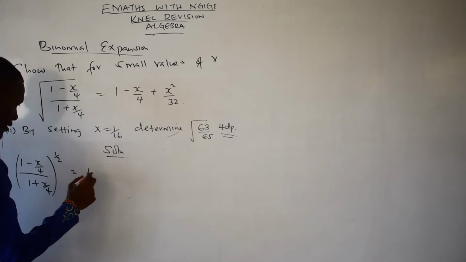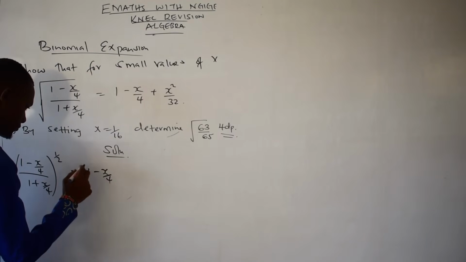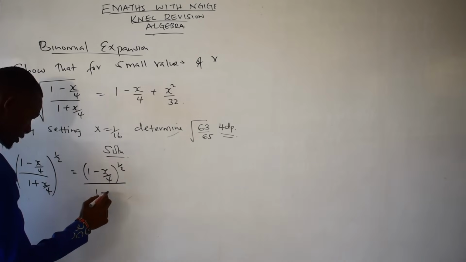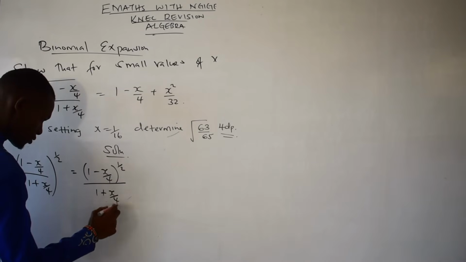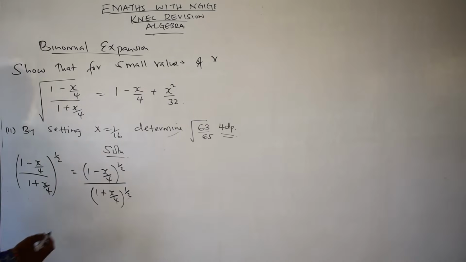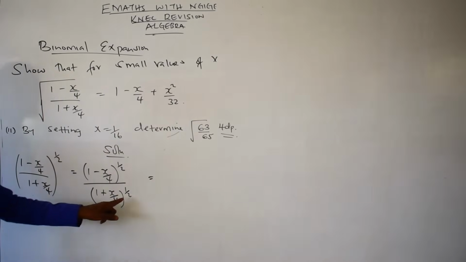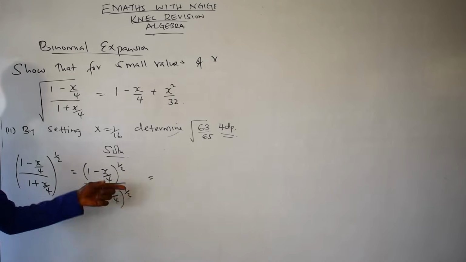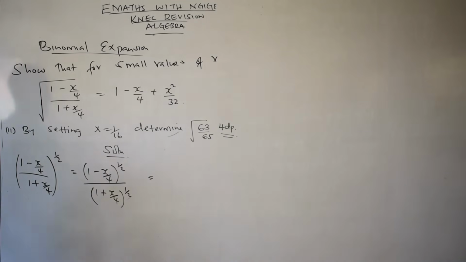So you can have 1 minus x over 4, in brackets, to the power a half, over 1 plus x over 4, in brackets, to the power a half. This one again simplifies. When you have a term in the denominator and you want to bring it to the numerator, you can do that, but negate the power.